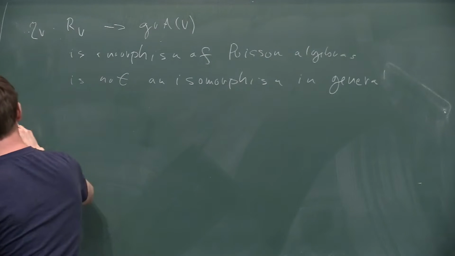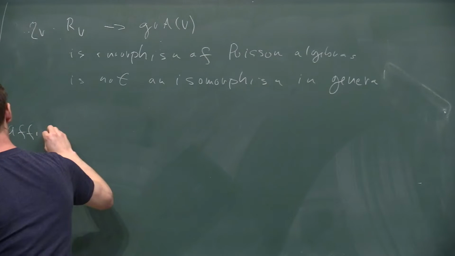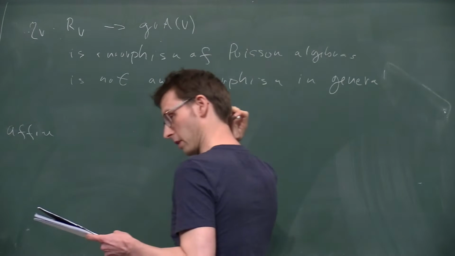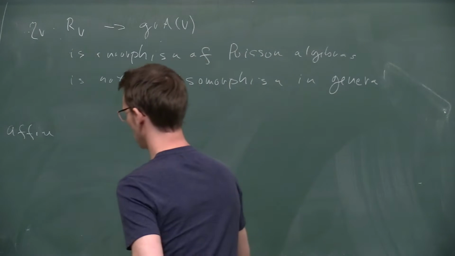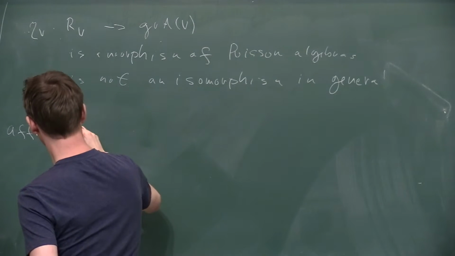Then I need to briefly recall what an affine vertex algebra is, because I need a slightly different notation.